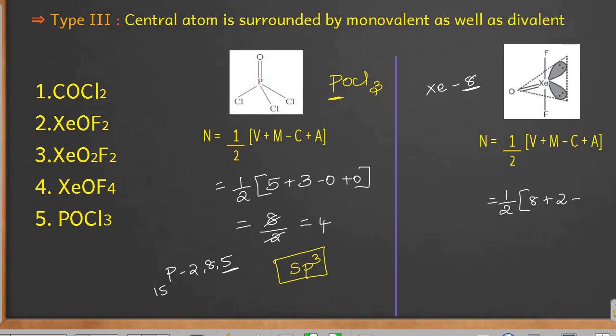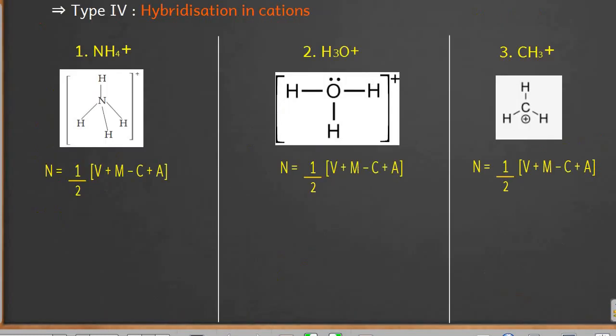So minus cation, that is 0, plus anion 0. So total 10 divided by 2, we are getting 5. So 5 means the hybridization is sp3d hybridization. Very simple. Okay, let's move to the next one.